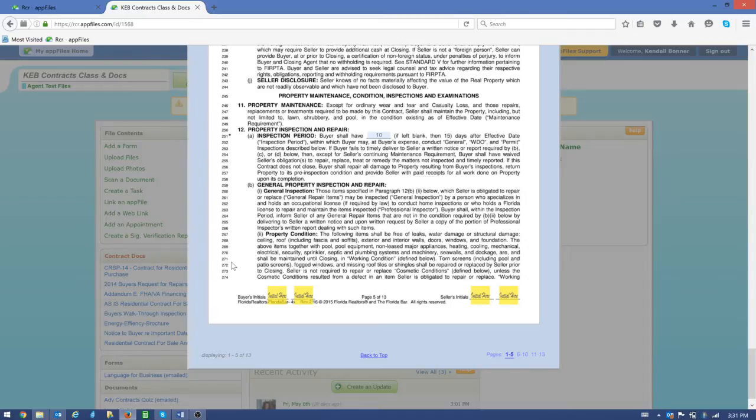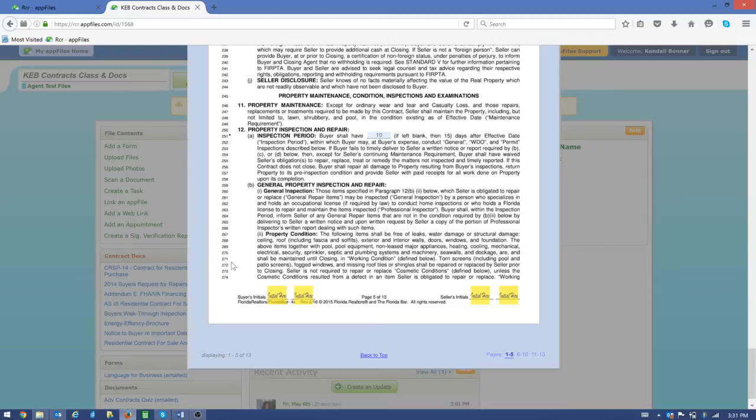Torn screens. So, mind you, when it says working condition, not good condition, not pristine condition, not exceptional or excellent condition, just working condition. Torn screens, including pool and patio screens, fogged windows, and missing roof tiles or shingles, shall be repaired or replaced by seller prior to closing.